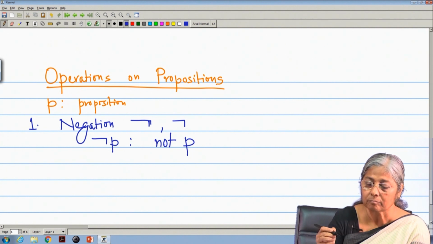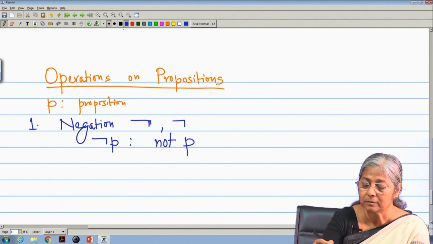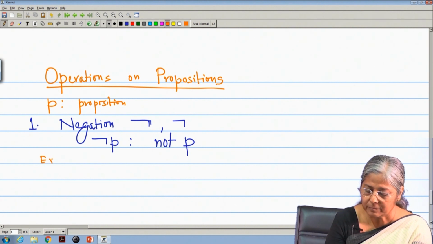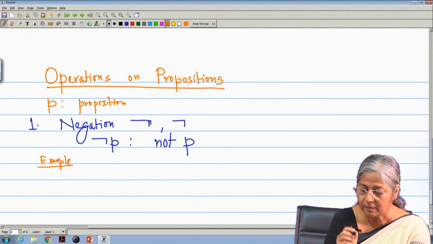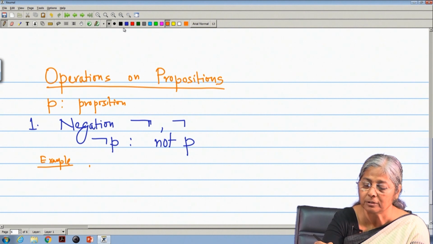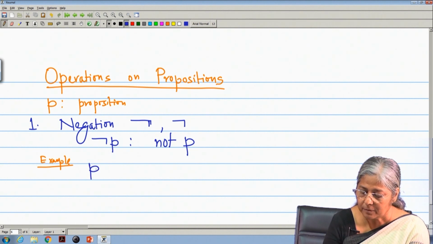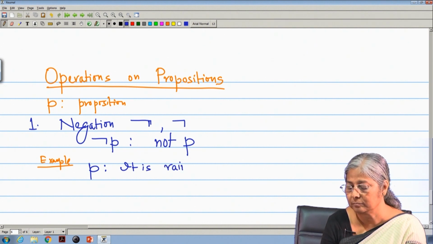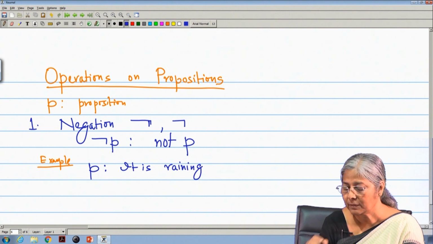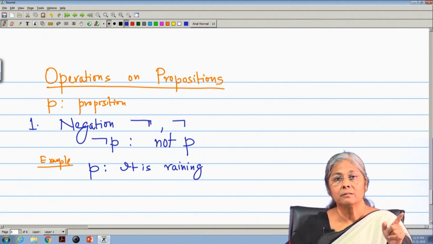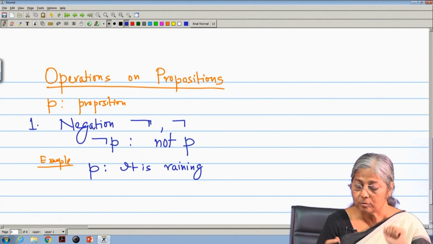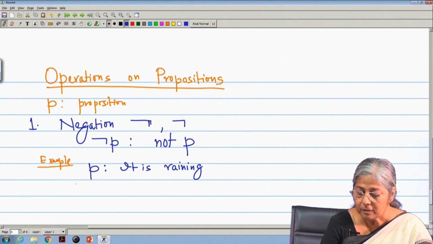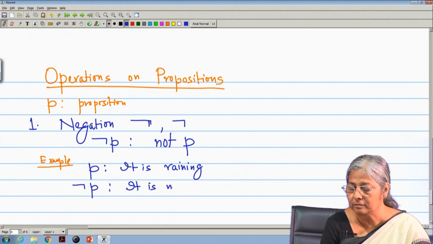Let me give a simple example. Say P is the proposition "it is raining". First thing is, it is a declarative statement, either true or false. So, what will negation P be? Negation P is "it is not raining".